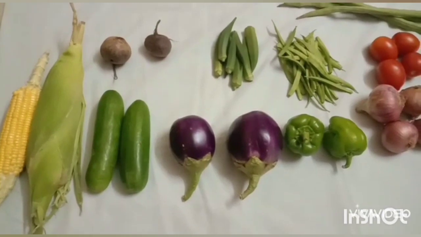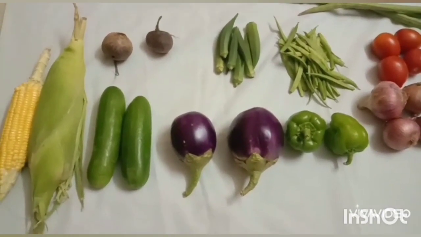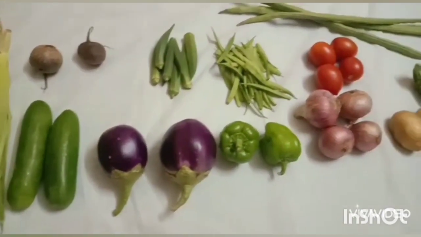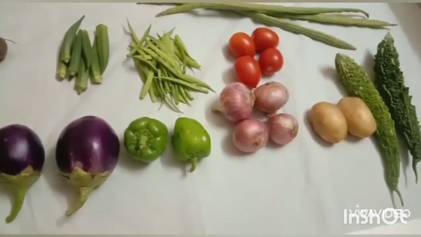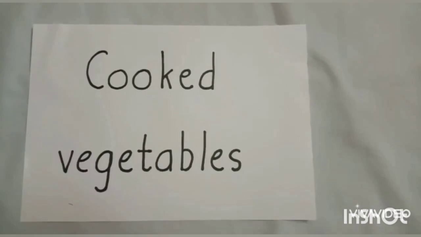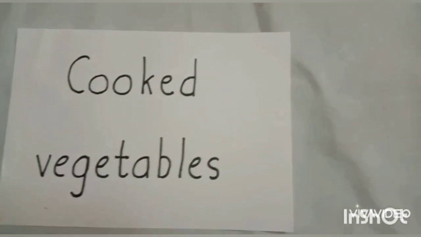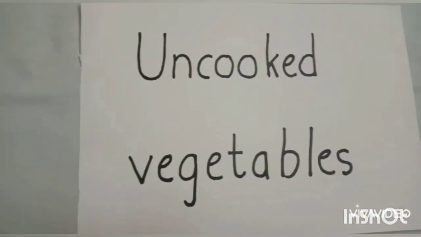Now I will show you one activity of vegetables. In this activity, we will separate the cooked and uncooked vegetables. Kids, as you can see, I have taken few vegetables over here which are cooked and uncooked and two tags, that is cooked vegetables and another is uncooked vegetables.